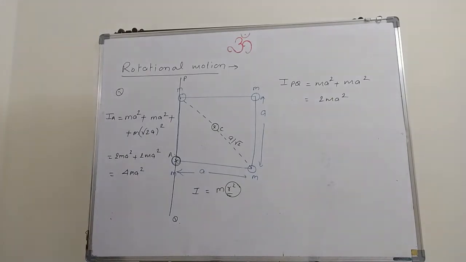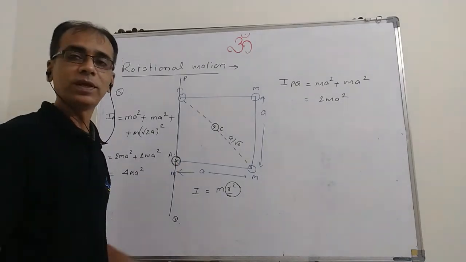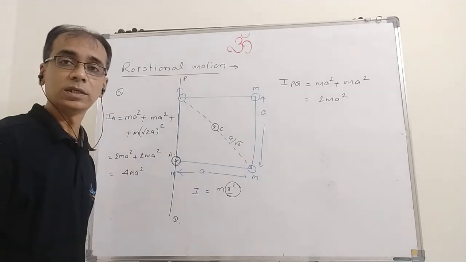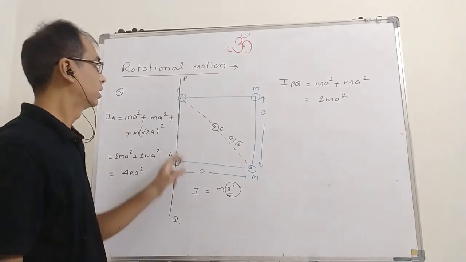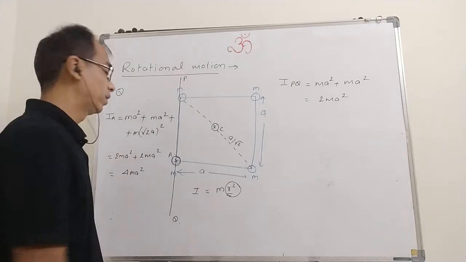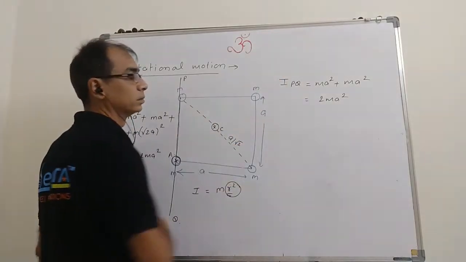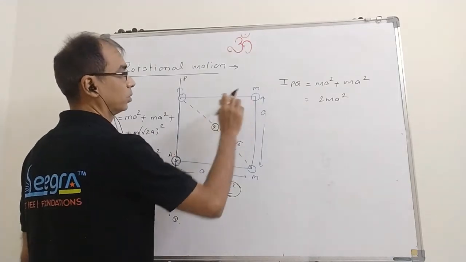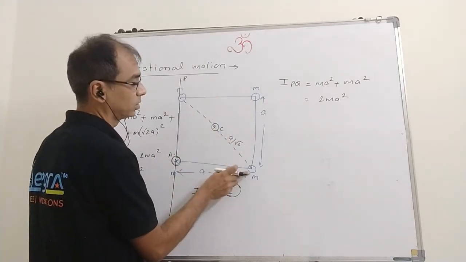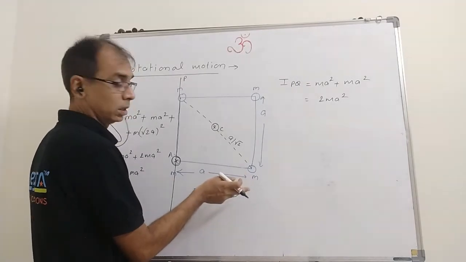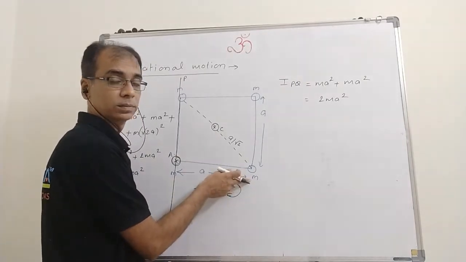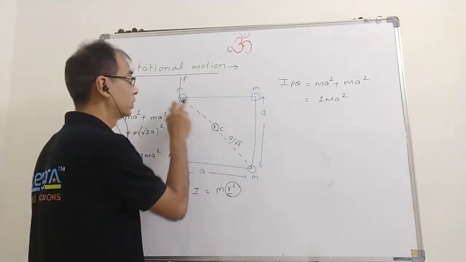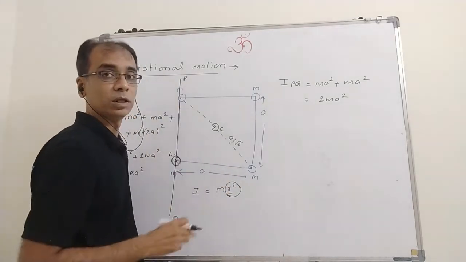This is how we find the moment of inertia. The important aspect is that about every axis the moment of inertia is different. Here different, here different, about this different. If I had told you about the diagonal, it would also come different. The masses on the diagonal have moment of inertia 0. For the others, m A by root 2 whole square, that is mA square by 2, and for this one also mA square by 2.